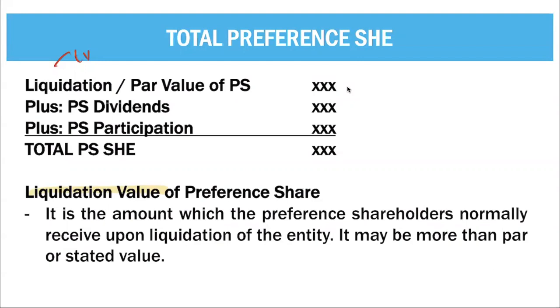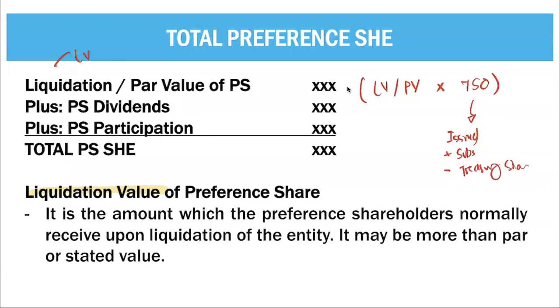But if there is no liquidation value, you use the par value of PS. So we have here liquidation value or par value multiplied by your total shares outstanding. So what is your total share outstanding again? Your total share outstanding is equal to your issued plus subscribed less your treasury shares. Do not forget that.